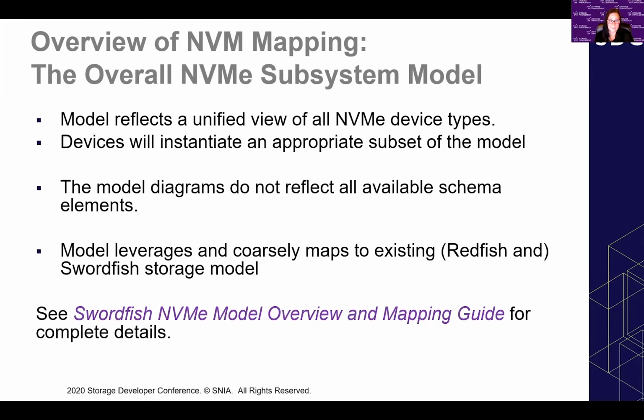For the most part, we were able to largely just map the objects together. We had basically one object, which I'll talk about in a minute, where we had to change the notion of how to use it, but everything else mapped fairly cleanly. This is really good from a client perspective, because we built in a lot of backward compatibility for folks moving from traditional storage to NVMe. A lot of the concepts stay the same for them.